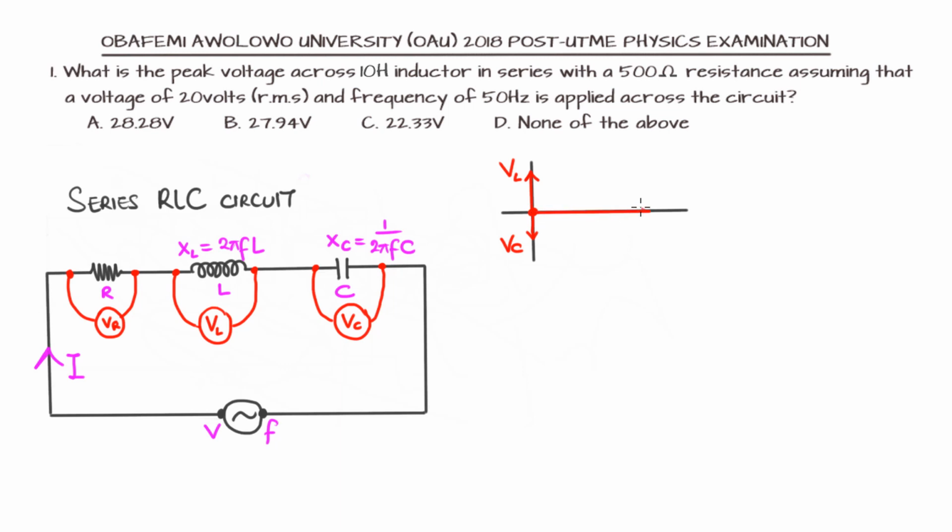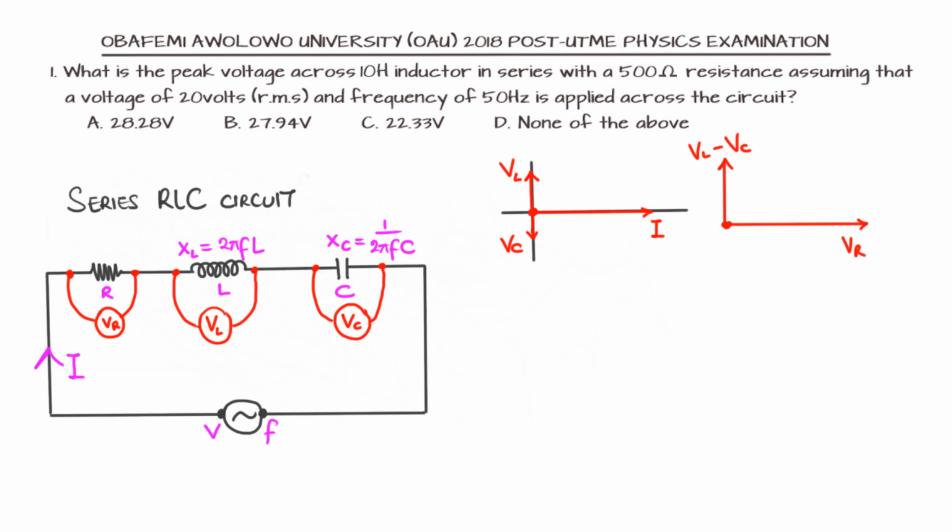So we can have VL and VC as shown and the current. And if we are to resolve this, now we can have it that if we resolve the voltages VL and VC, that will give us here VL minus VC, okay? And then the voltage across the resistor will be in phase with the current, so we have VR here.